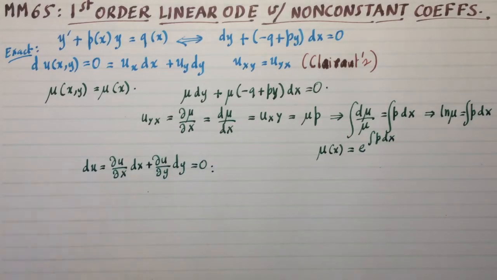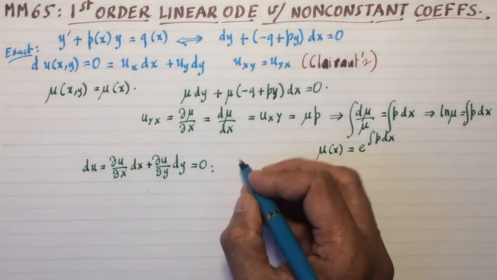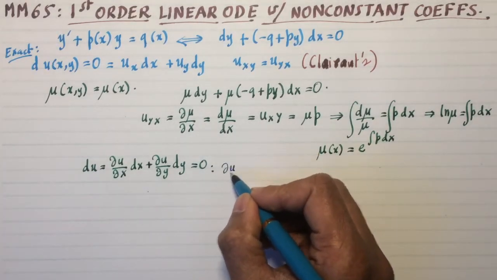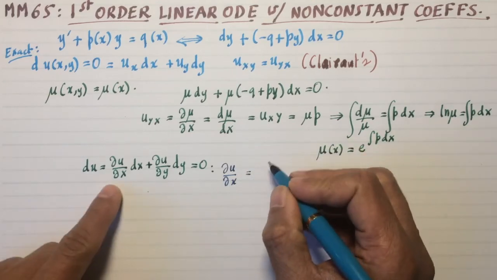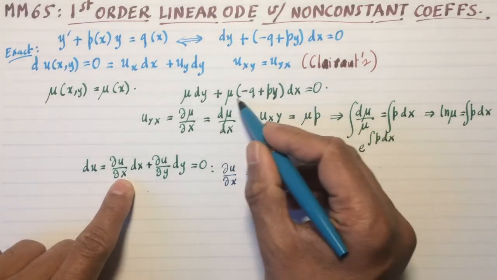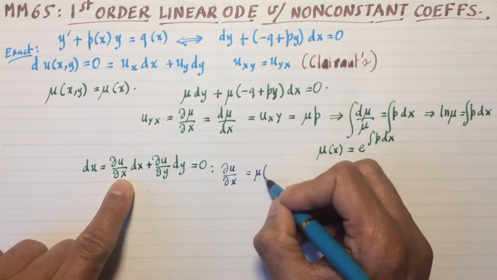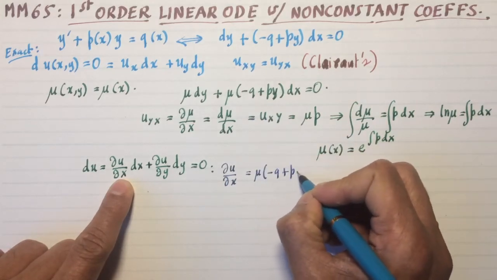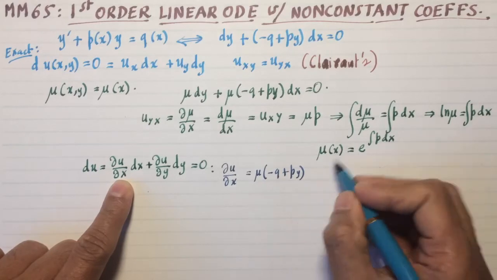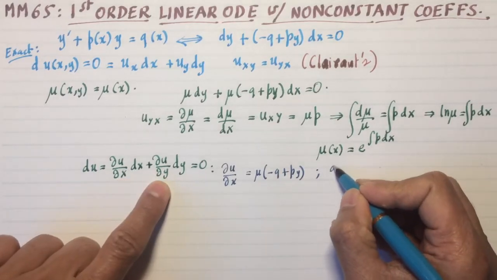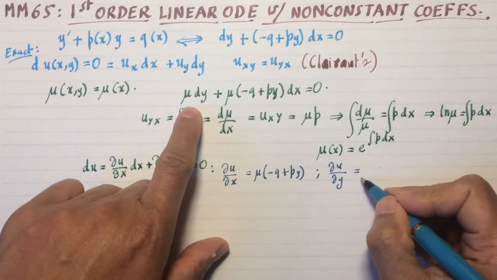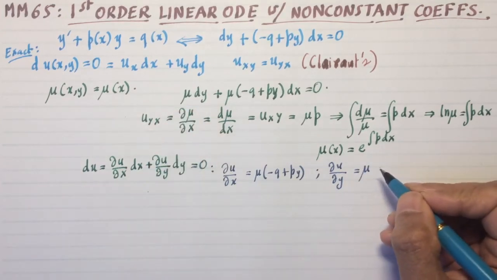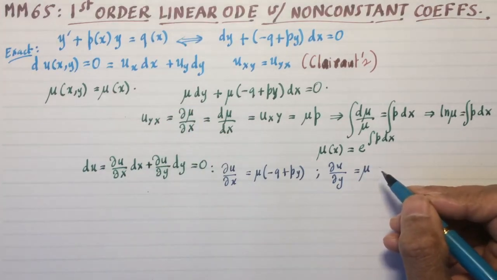I can write this as del u by del x equals whatever multiplies dx, so that's going to be mu times negative q plus py. That scares me. The other equation is del u by del y is whatever multiplies dy, or mu. Well, that's easier to deal with. You'll all agree with that.